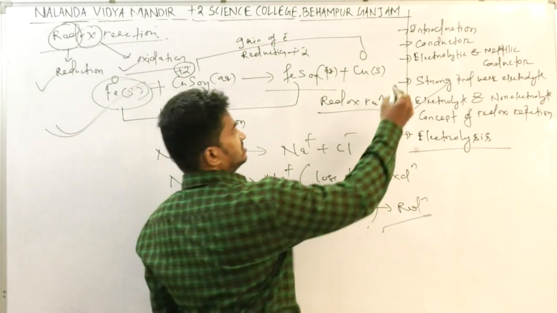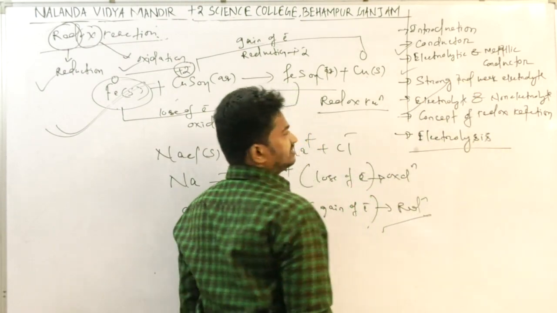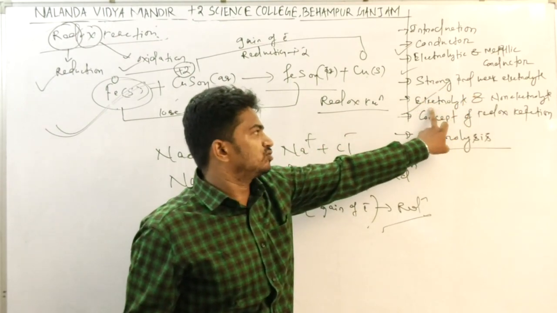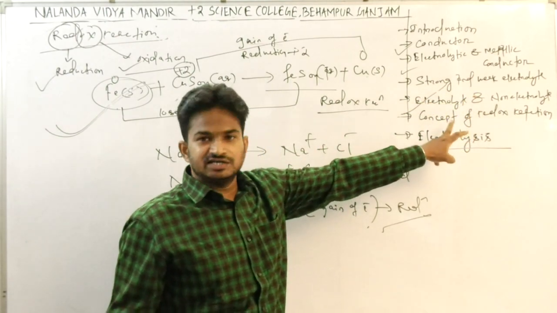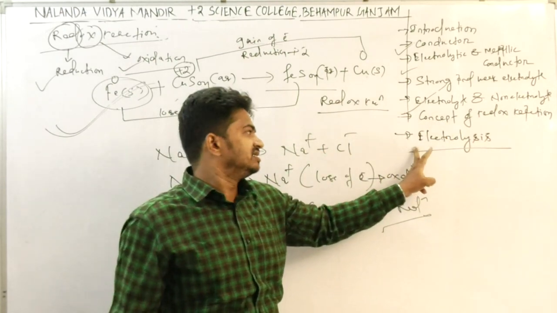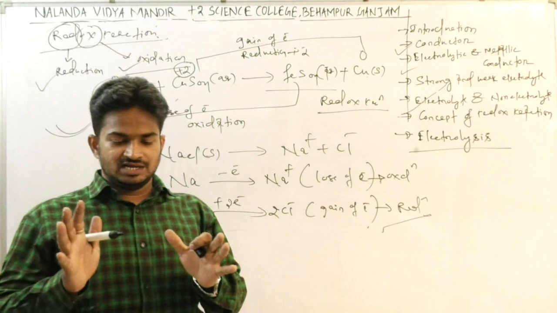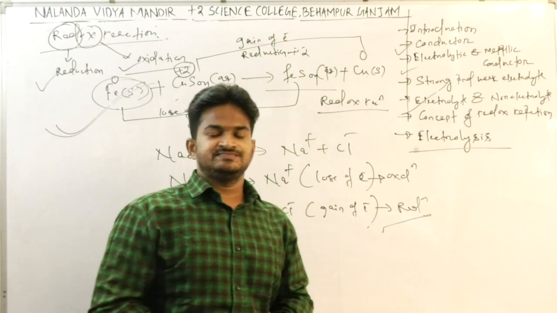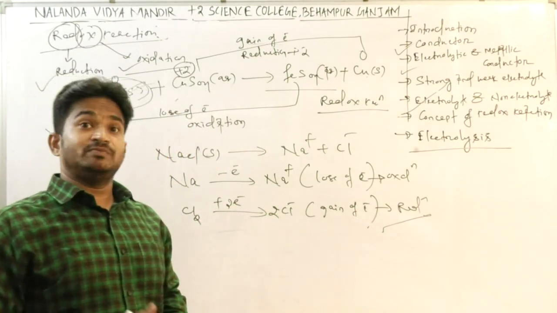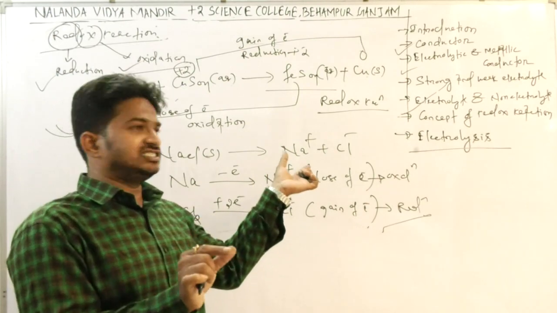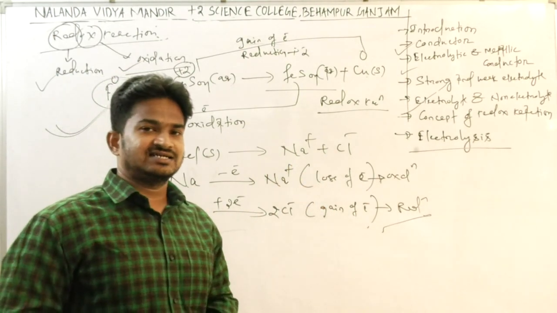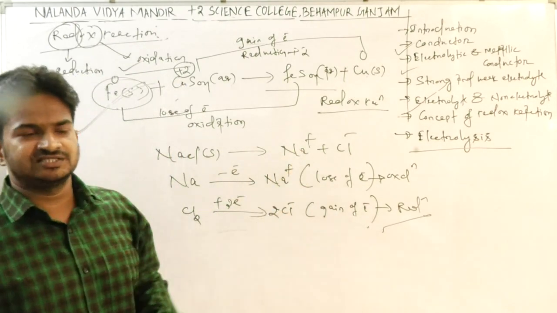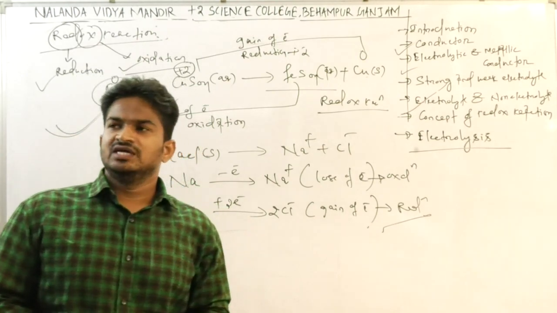Now we are going to discuss electrolysis. I have already discussed conductors and their types, electrolytic and metallic conductors, strong and weak electrolytes and non-electrolytes. Then I recently completed redox reactions, and next is electrolysis. You might have heard about this topic from standard 10th, the metals and non-metals chapter.